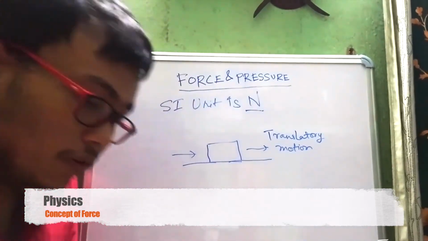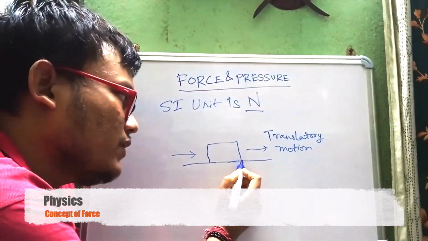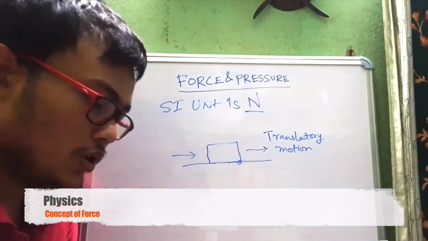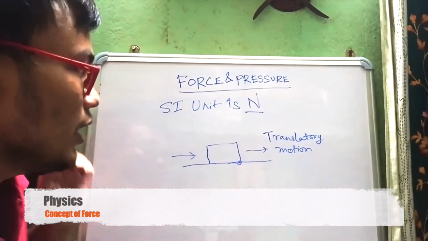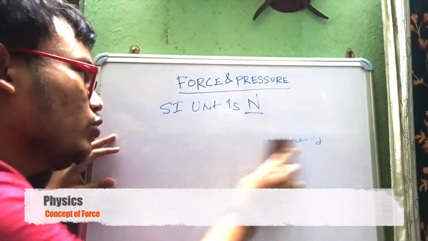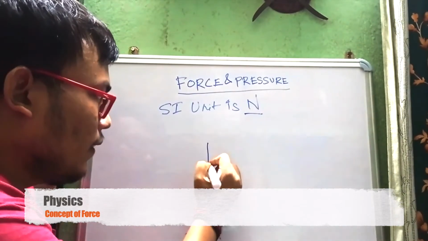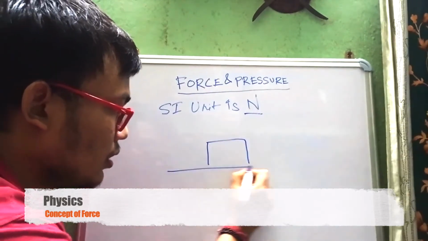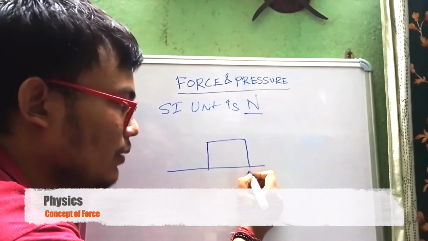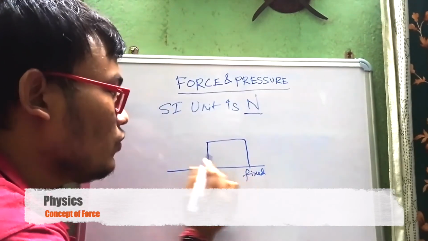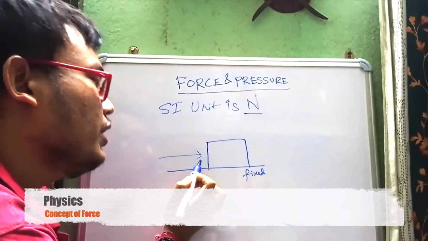However, if there is a fixed point, I'm drawing it again. If the block is not free to move, if it is fixed, it's not able to move. So if we apply force over here, what will it do?